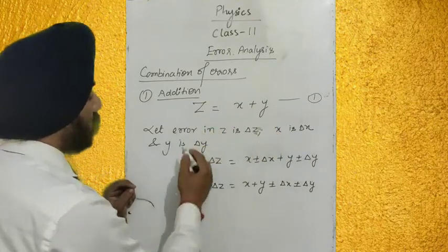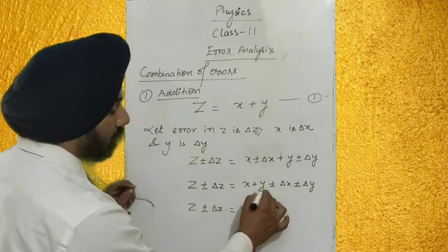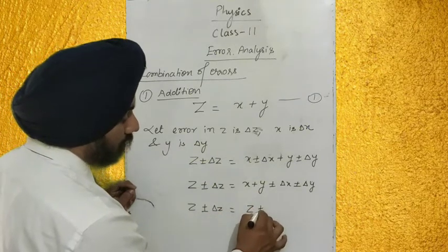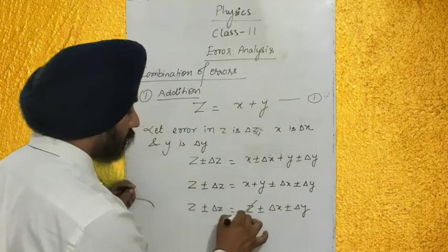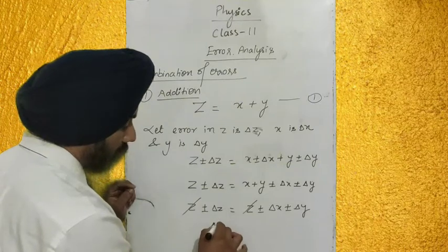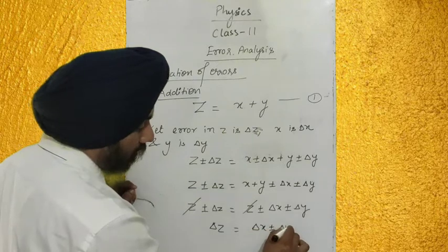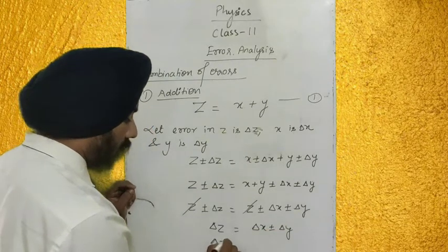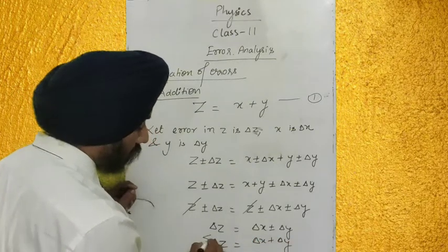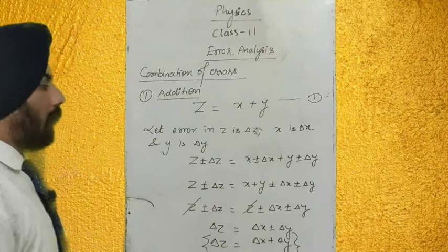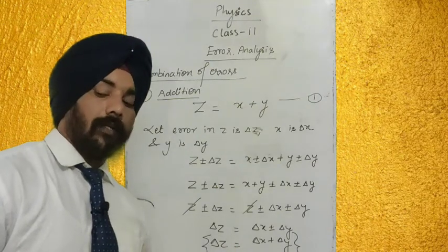So z plus minus delta z, x plus y is z, so plus minus delta x plus minus delta y. z and z cancel, so delta z can be written as plus minus delta x plus minus delta y. We prefer the positive sign, delta x plus delta y. So when two quantities are added together, their errors are also added together.